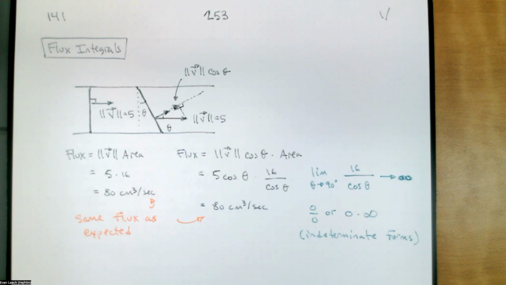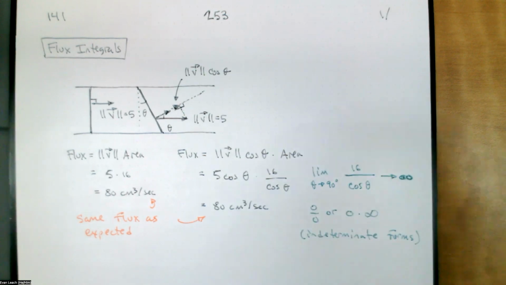And the answer is yes. This still fits with our understanding of the situation because we're trying to measure flow through this pipe. We can't do that if we have a cross section that is just going along with the flow, because our velocity vector, our water, is no longer flowing through our cross section. So at 90 degrees, the water is no longer flowing through the cross section that we're trying to use to measure.